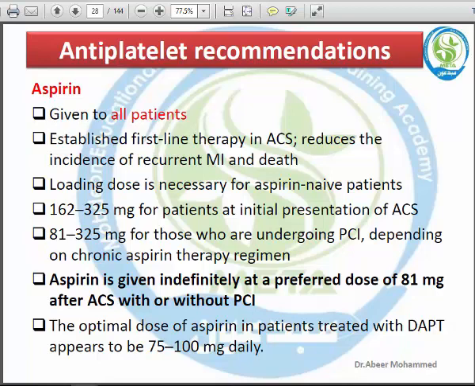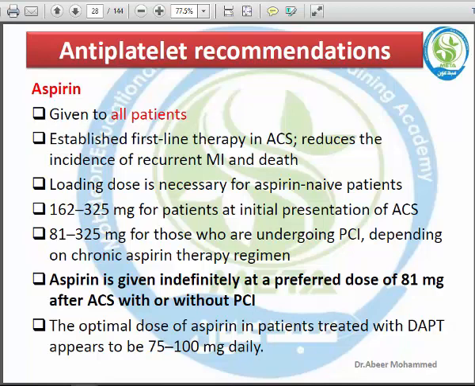The maintenance dose will be lower. If the patient is undergoing PCI, percutaneous coronary intervention, we can give from 81 up to 325 milligrams according to whether the patient is already on chronic use of aspirin or not. If on chronic use of aspirin, the dose will be lower.